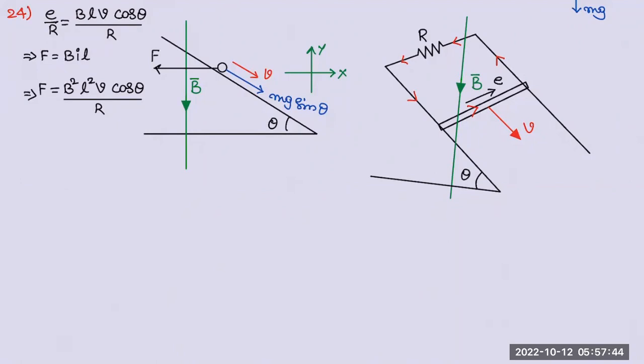Sir, can you explain once again, sir? Which one? This force being horizontal. Yes, sir. But the problem is that's what I'm thinking, how can I explain? See, when you have a current carrying conductor in a magnetic field, assume the rod like this is there. Magnetic field is inwards. Current is like this. There will be a force, right or wrong? Yes, sir. How to find it?